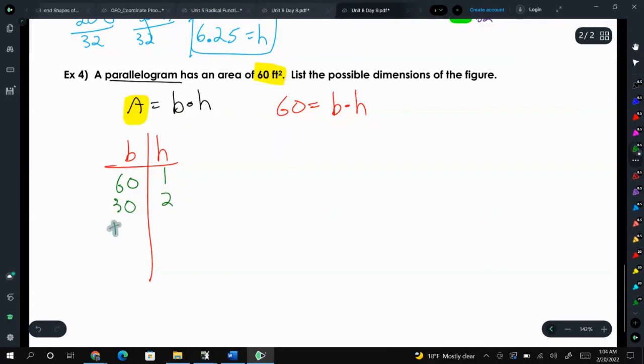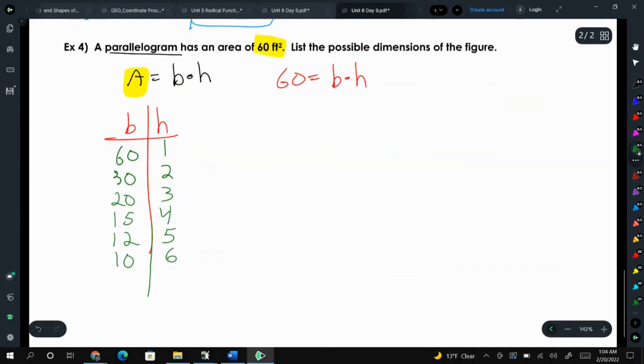We could do 20 and 3. 20 times 3 is 60. 15 times 4. 12 times 5. 10 times 6. And that might actually be all of them. 9, yep. I'm pretty sure that is all of them. So those are the possible dimensions we could have.